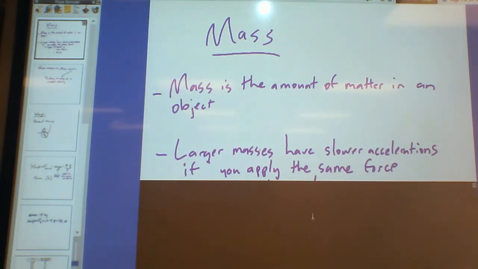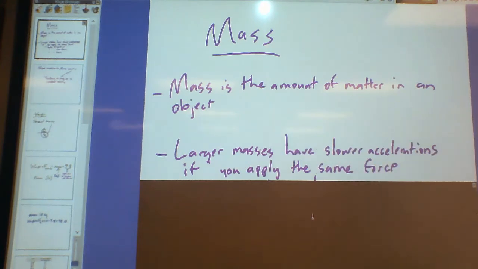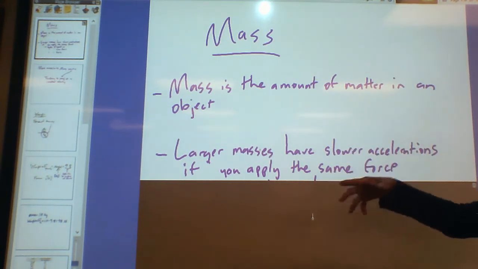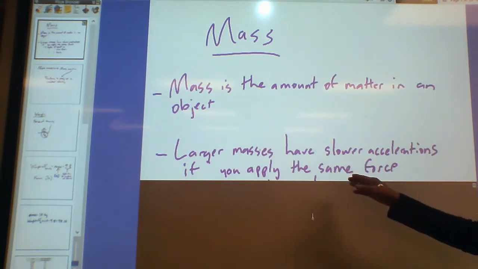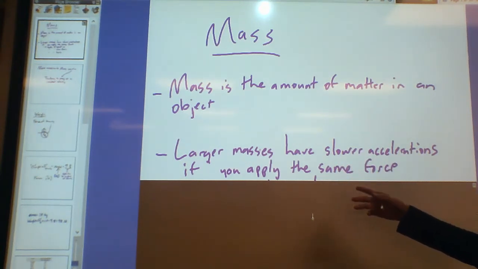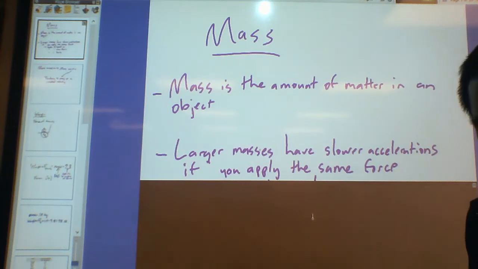So from a physics point of view, this is the significance of mass, right? Yes, it has more matter, but what is the significance of having more matter? Well, if you apply a force, all objects should accelerate, but larger masses will accelerate less if you apply the same amount of force. Or another way you could look at it is you need more force to give it the same acceleration, okay?